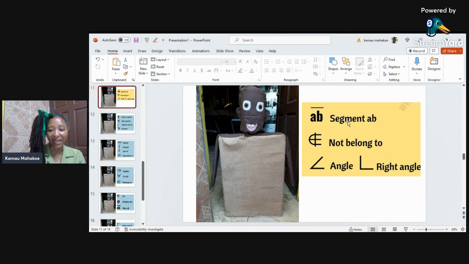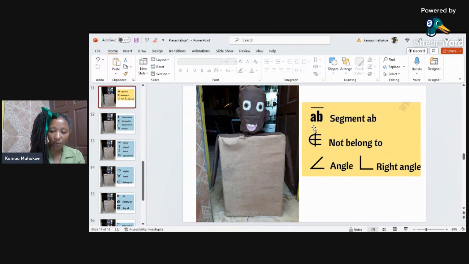So here we have the line segment AB. This is used when we're doing trigonometry or geometry, and we're labeling our line segments from point A to point B. This is a part of set notation, meaning this is not an element, or it does not belong to the set.